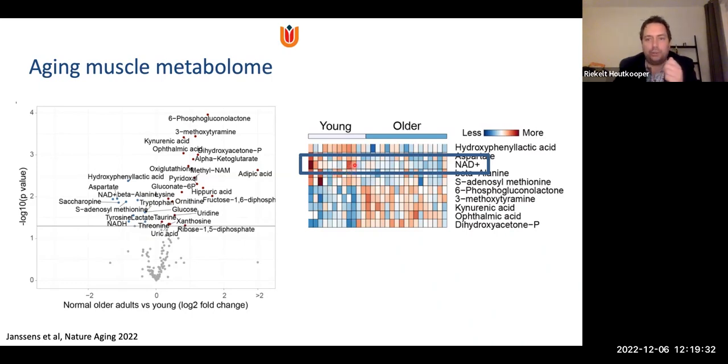The one that stood out for us, because we are of course from an NAD background, is the NAD molecule, which is relatively high in the younger individuals and very much reduced in older individuals. There are several others that are also very interesting related to the NAD pathway, like kynurenic acid. Ophthalmic acid is also an interesting one because it has to do with reactive oxygen species, although it's a little bit different than really reactive oxygen species.